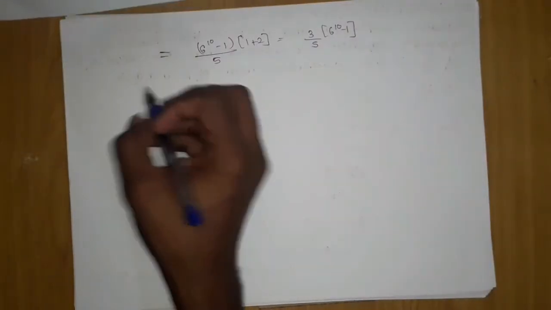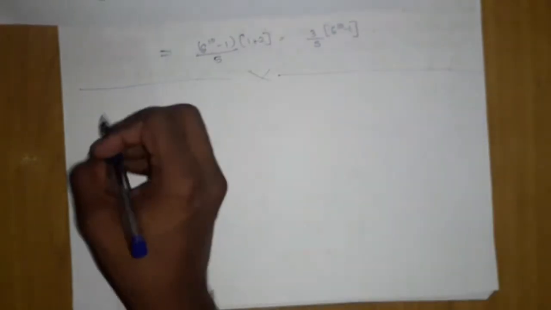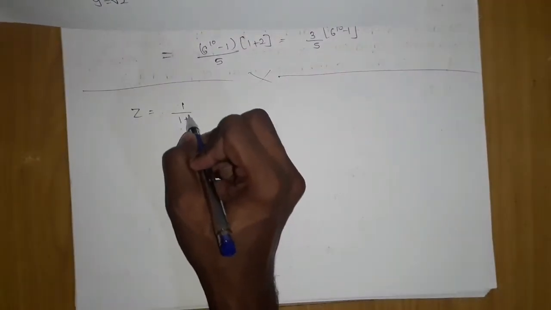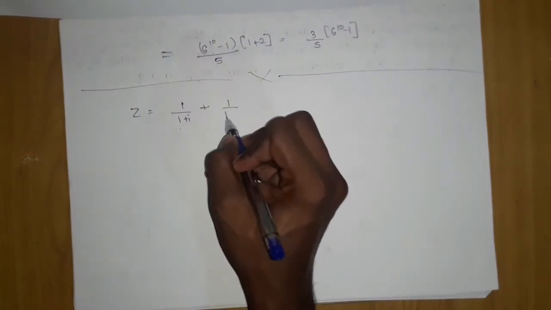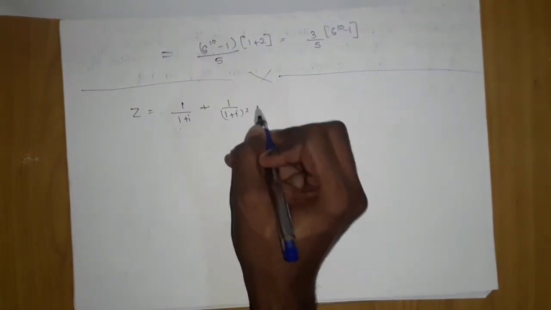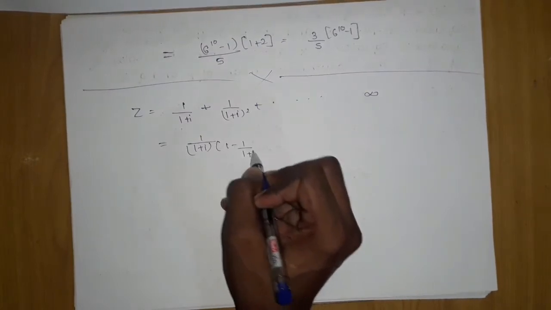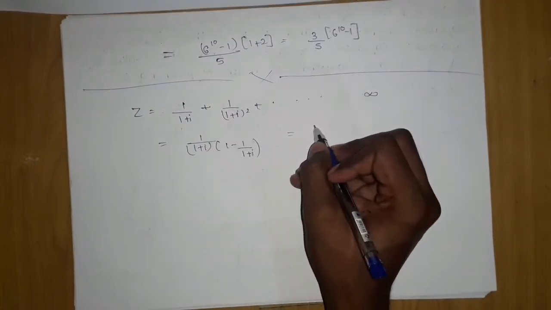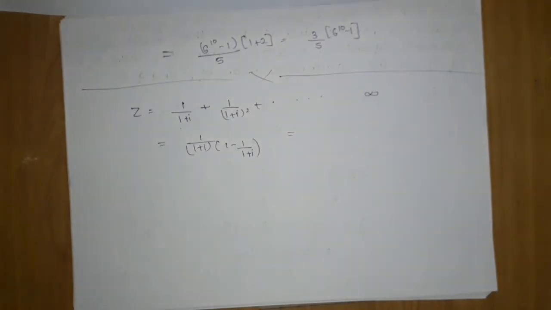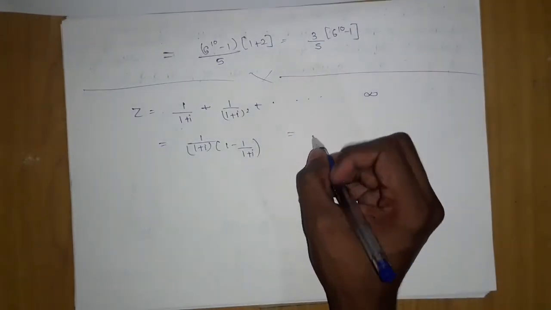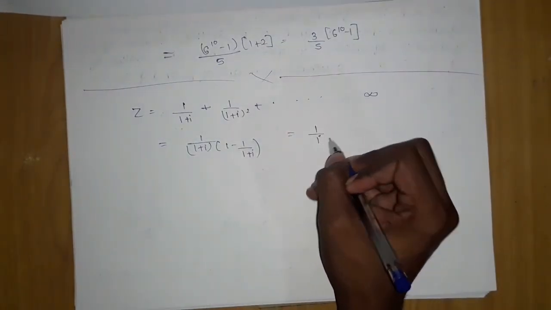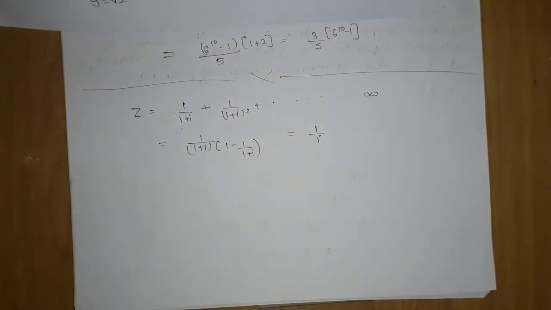If I open the z, this was the previous question. z will be nothing but 1 upon 1 plus iota, 1 upon 1 plus iota the whole square, and so on till infinity. The common ratio is 1 upon 1 plus iota into 1 minus 1 upon 1 plus iota, which gives me, this will cancel out and the final thing left will be 1 upon iota.